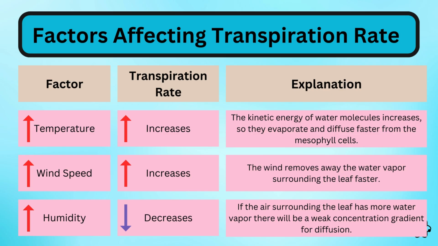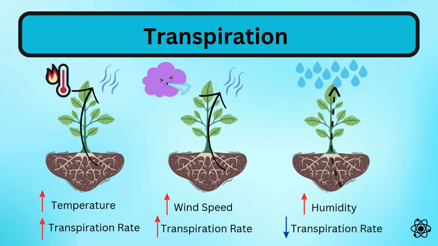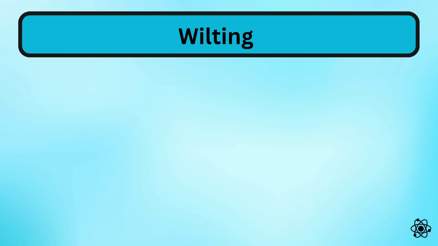However, when humidity is increased, the rate of transpiration decreases because if the air surrounding the leaf has more water vapor, there will be a weak concentration gradient for diffusion to take place. So, as you can see, increased temperature and wind speed increase the transpiration rate, while increased humidity decreases the transpiration rate.